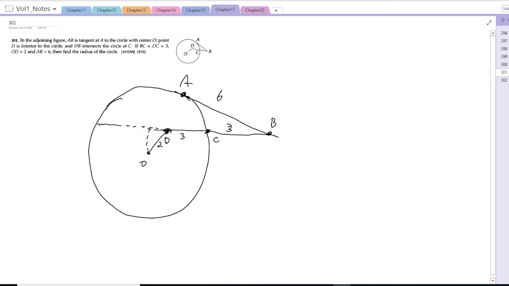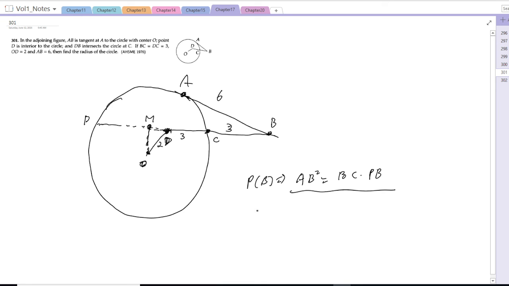And normally when we do the chord, this is BC, D. Let's see, this is P, this is M. Okay, so we know the power of the point B. We have AB squared is equal to BC times PB, right?